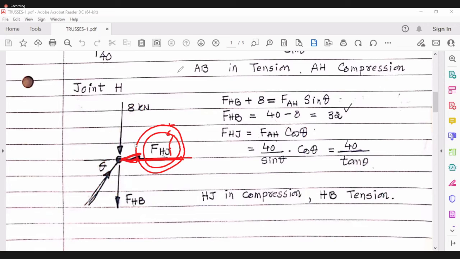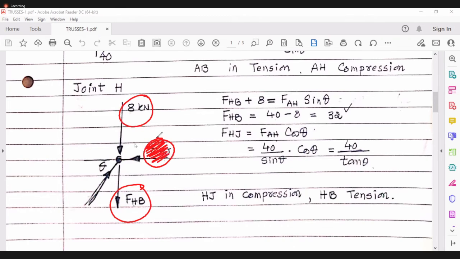Correct? Now let us have the sum of all y components. This is totally a y component. This is a y component. This does not have a y component, so we remove it. Now this is 40 by sin theta, which is bigger than 40, and its component over here is 40 by sin theta into sin theta.